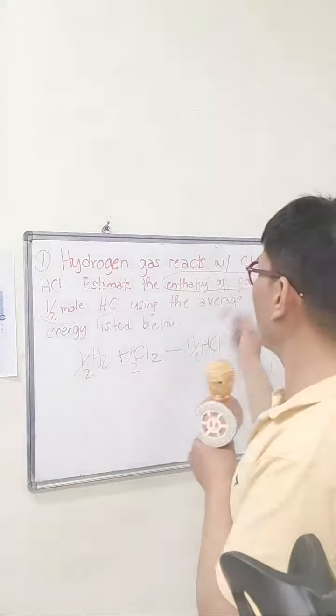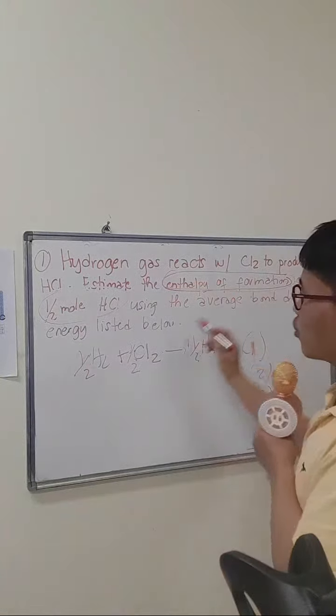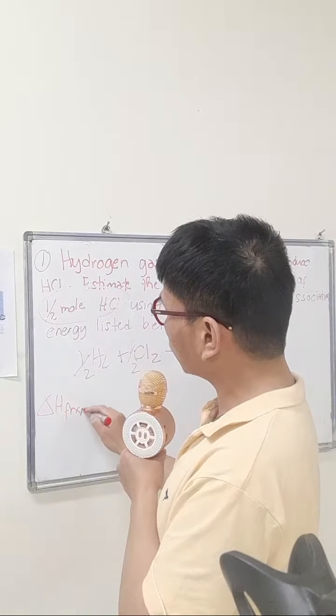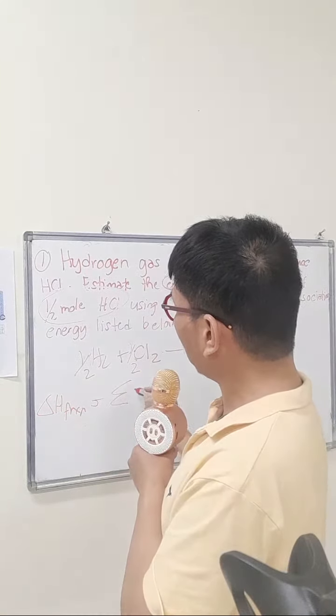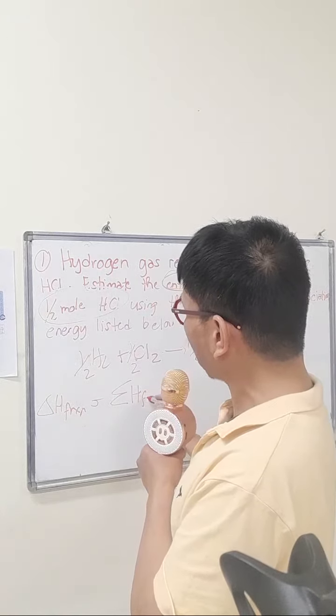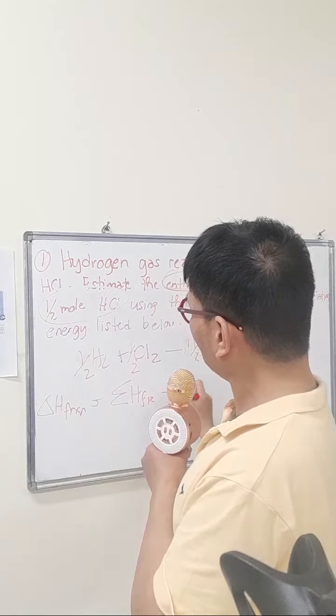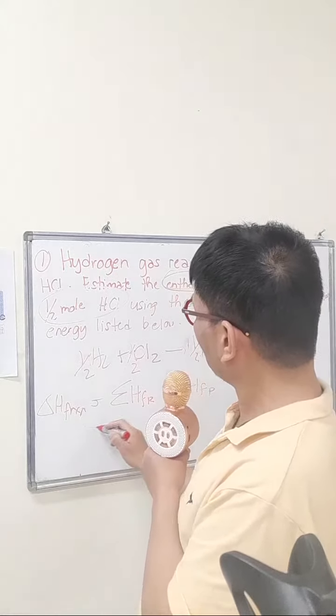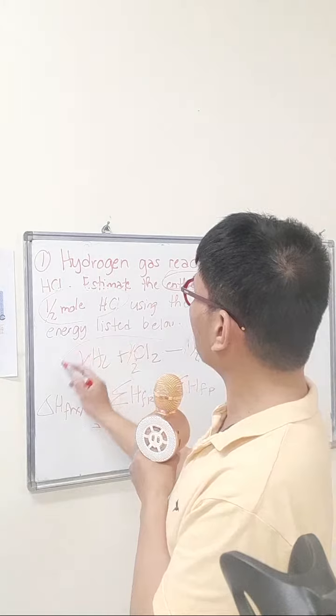Go back to the standard enthalpy of reaction formula. Delta H reaction is equal to the summation of the enthalpy of formation of the reactants minus the summation of the enthalpy of formation of the products. Now you have 2 reactants, hydrogen gas and chlorine.